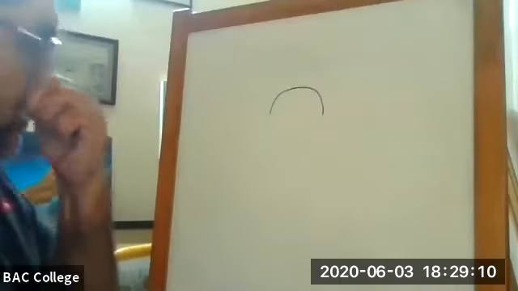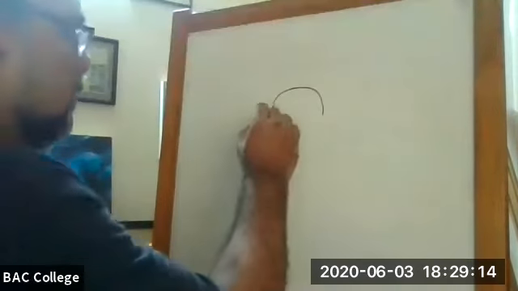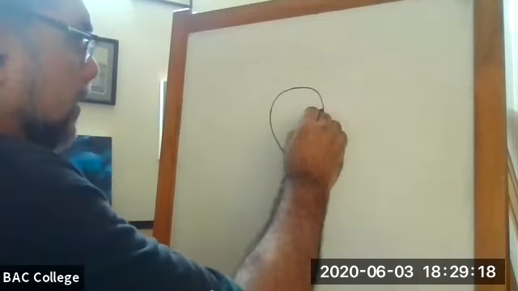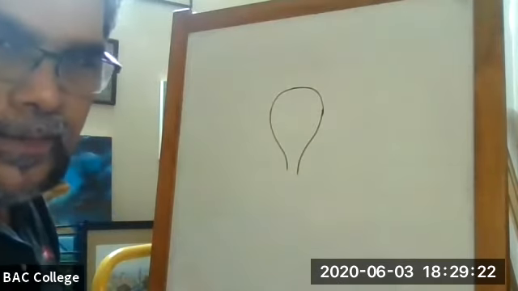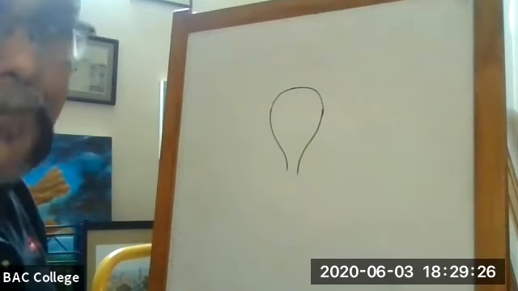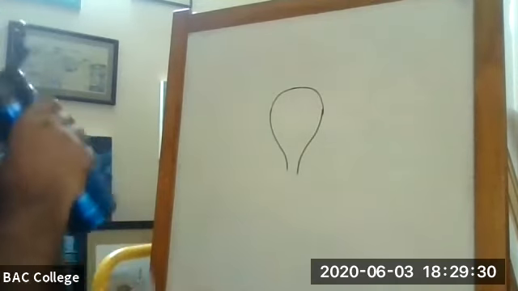Almost like an upside down U. And you get a curve here, and then a curve going in this way. Now it looks like a little jar upside down.